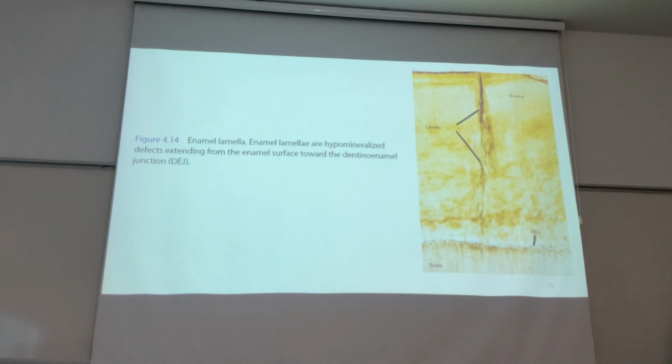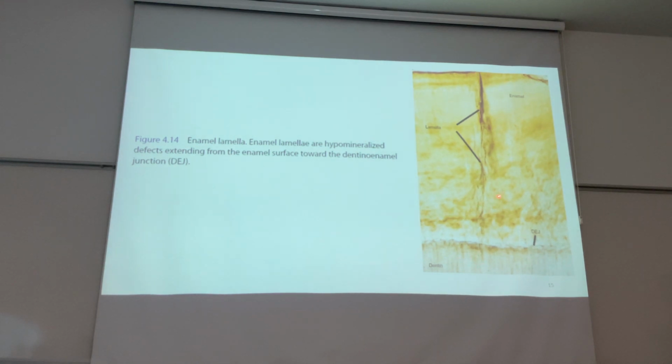Okay. In the surface of enamel, sometimes you can see some incremental lines. One of those lines is lamellae. Here you can see, they start from the surface of enamel and continue into the inner side of the enamel, and sometimes continue into dentin. This part is our dentin enamel junction.